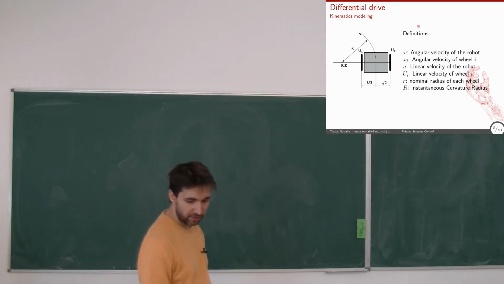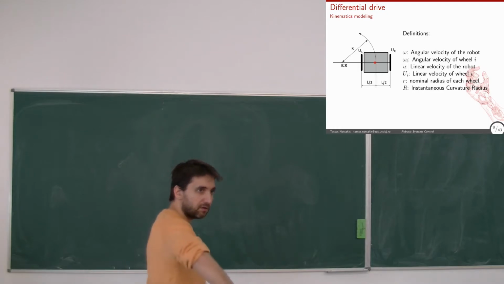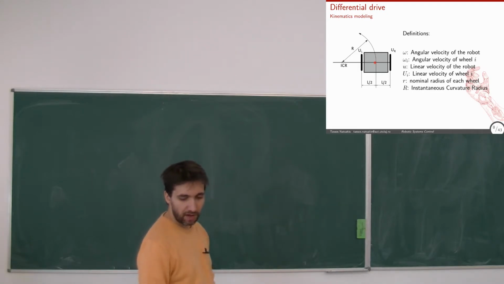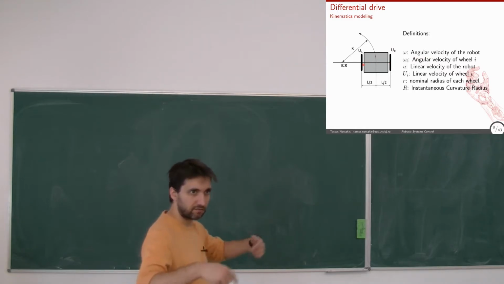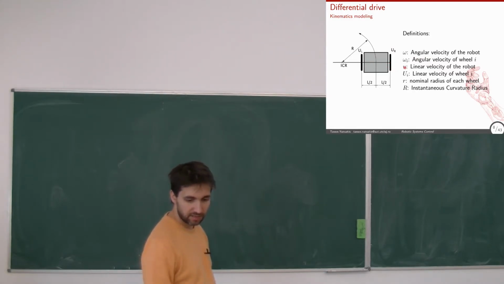Now, some definitions, I will use these terms a lot. We use the same letter for the angular velocity of the robot and of its wheel. Angular velocity of the robot means how fast is the robot rotating around its center, while angular velocity of the wheel is how fast the wheel is rotating around its center. The same for linear velocity of the robot and linear velocity of the wheel, u and ui.